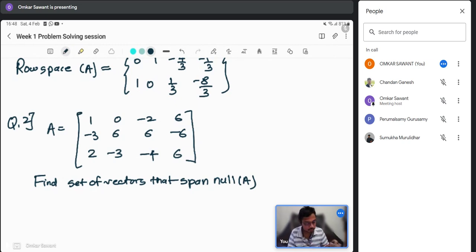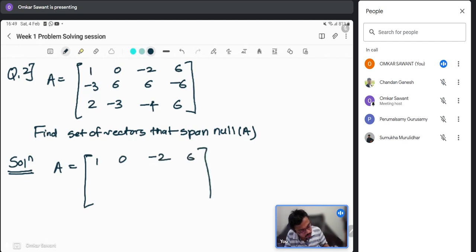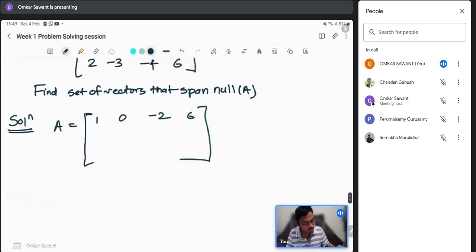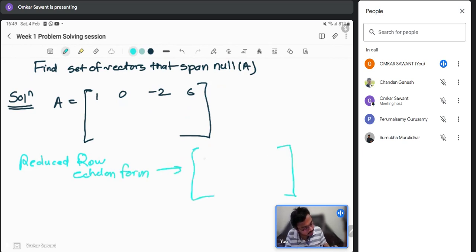Now, how will you find the null space of A? First, we do transformations, reducing to row echelon form. When we do transformations, we try to diagonalize the matrix, keeping these zeros, correct?